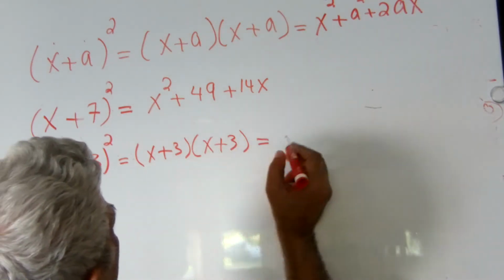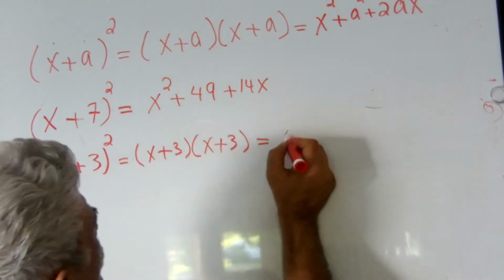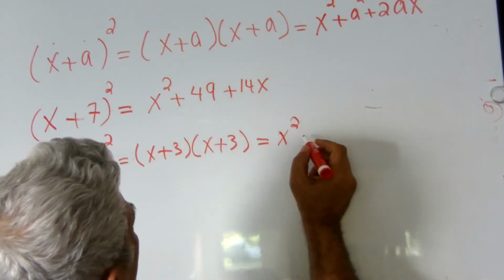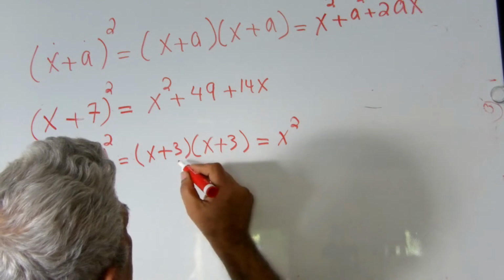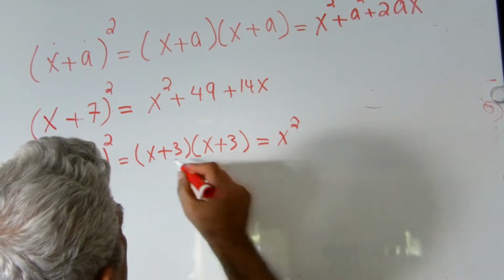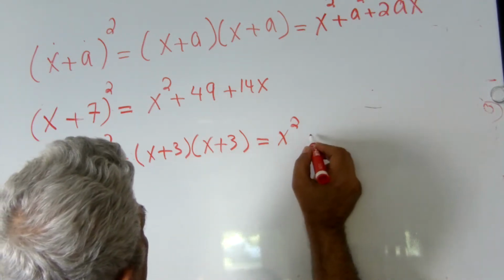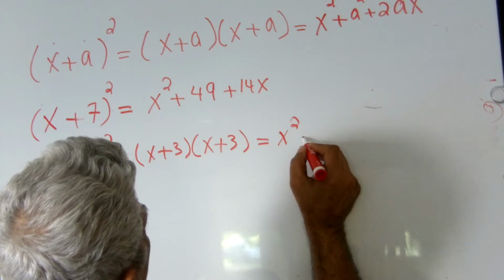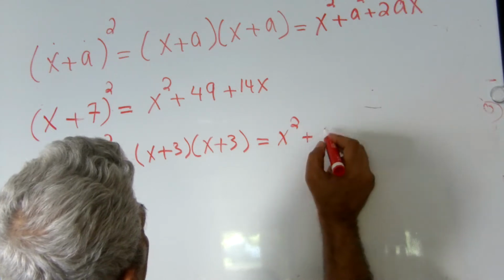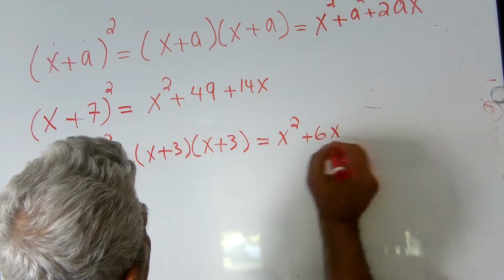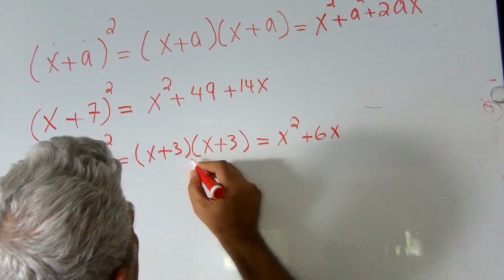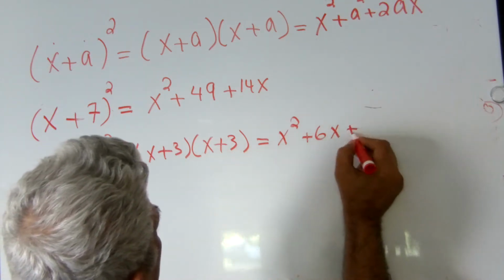If we multiply this, it's going to be x squared, and then 3 times x is 3x, and another 3x is 6x, plus 6x, and then plus 9.